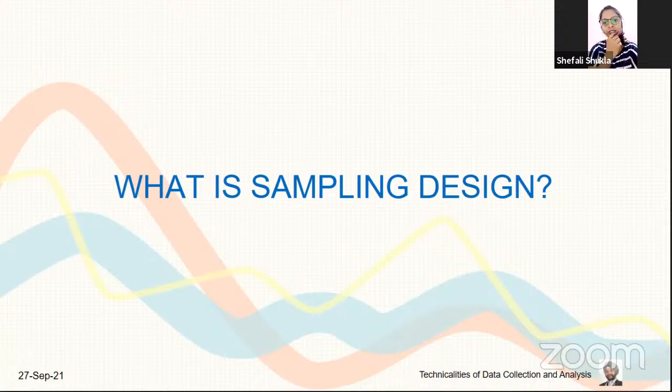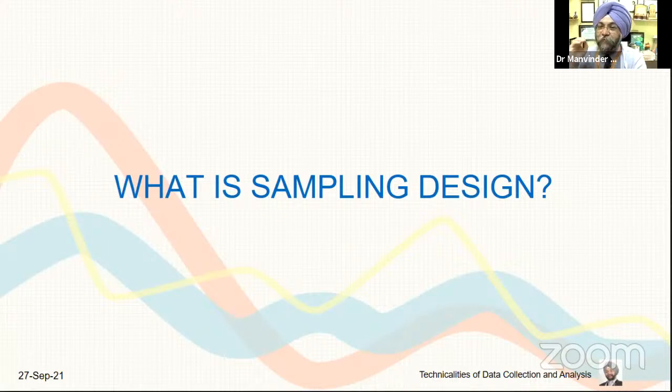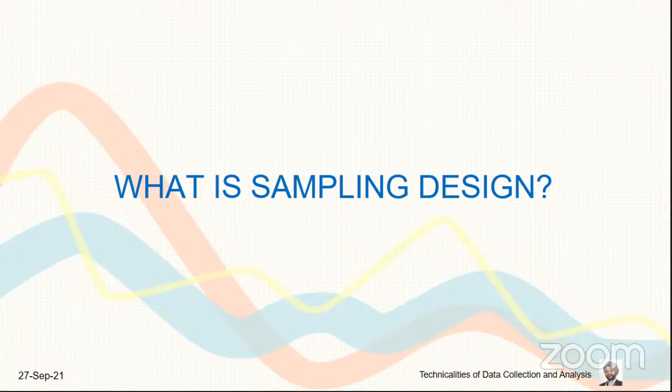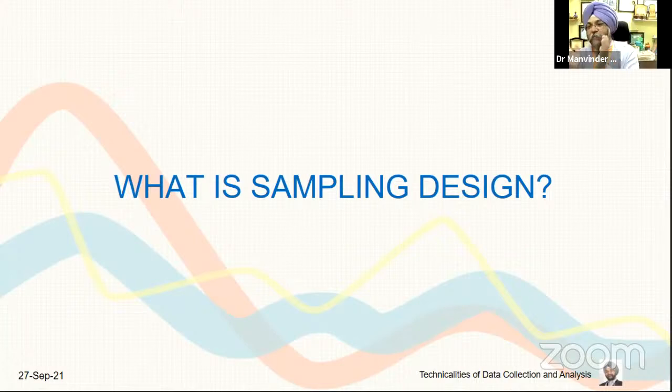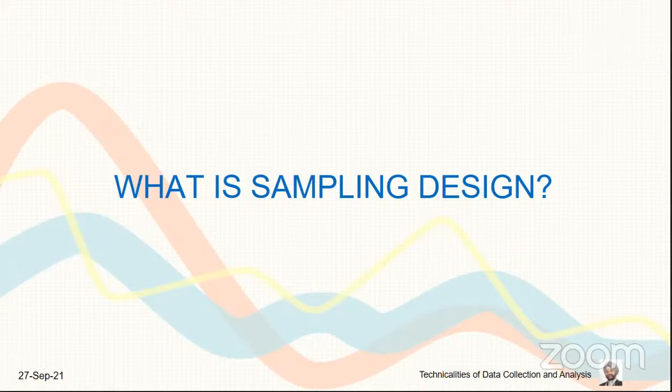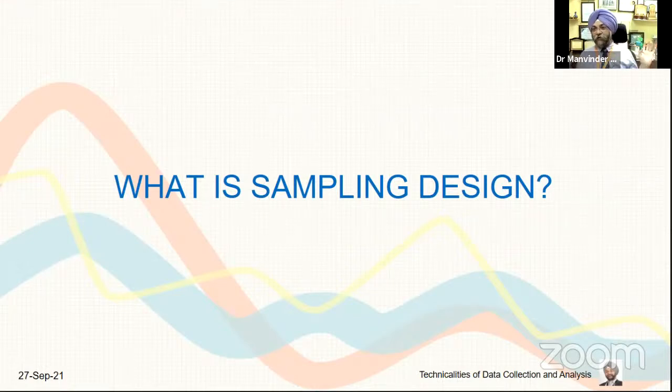Can I say research design is a plan of the research, how you would be carrying out your research? Yes, sir. In the same way, sampling design is also a part of your research design, that is, how you will be collecting the sample. Very easy, very correct. If you remember research design, you can remember the sampling design. Okay?